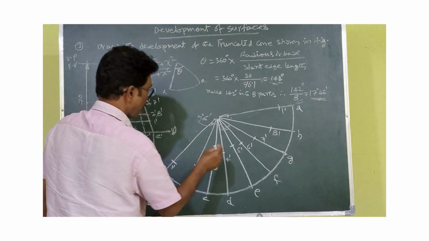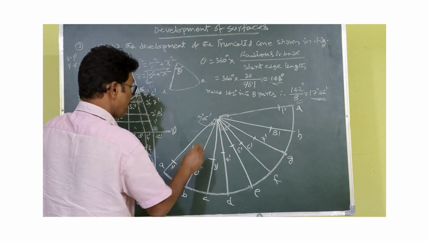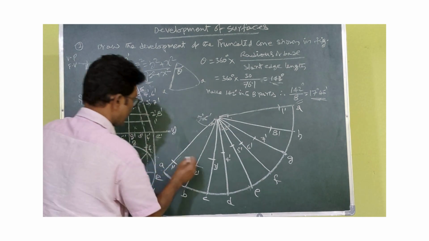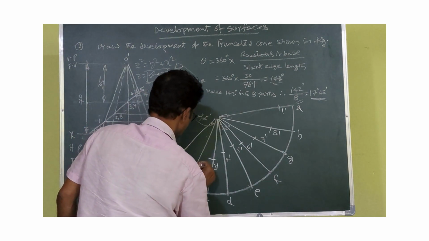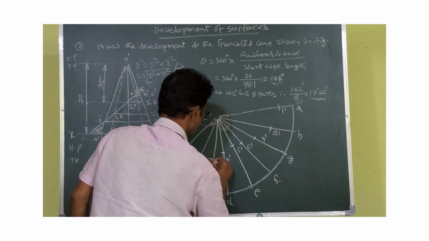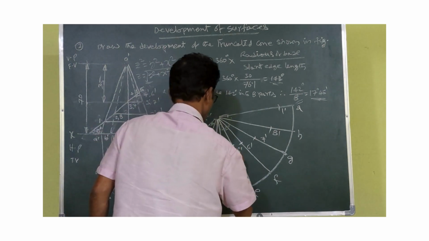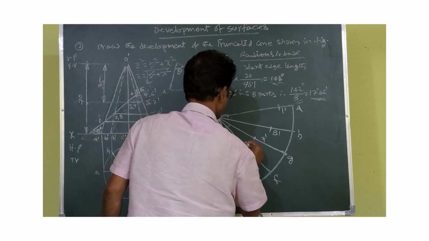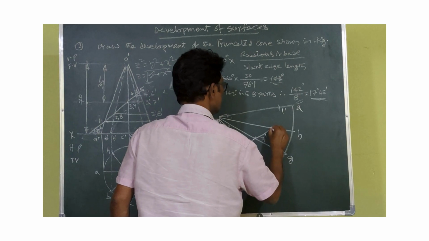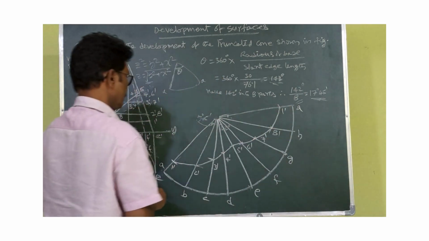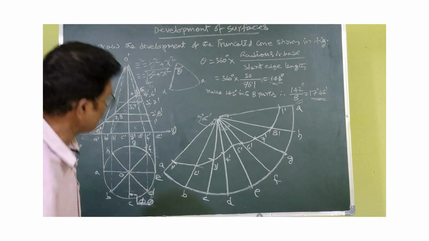You join all these points in a curved manner, because it is a circle. That's why you have to join in a curved manner. Like this, you have to join these points.